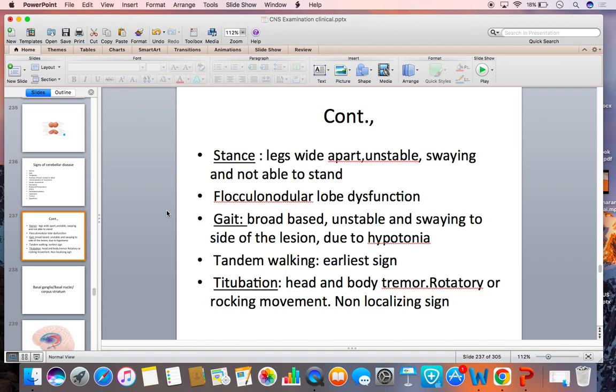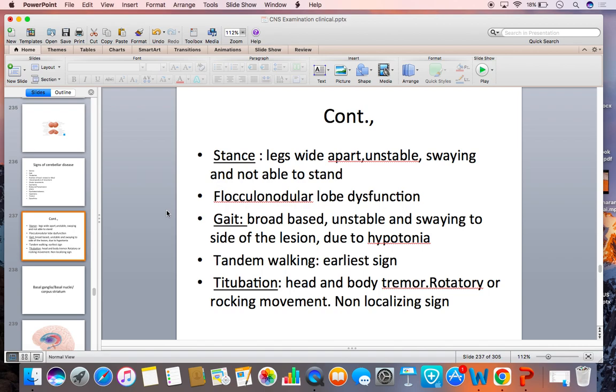Ask the patient to walk in a straight line, bringing the heel of one foot to touch the great toe of the other foot. When the patient is asked to walk on a straight line, he has to put one foot down and keep the heel of the other foot touching the great toe of the first foot.